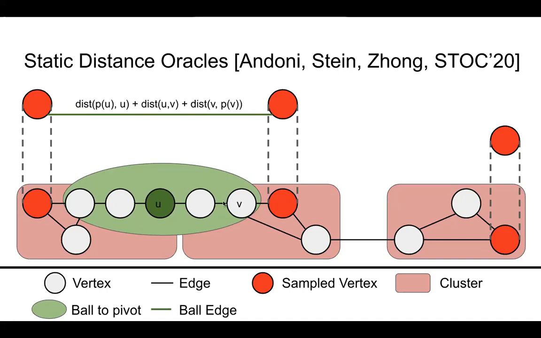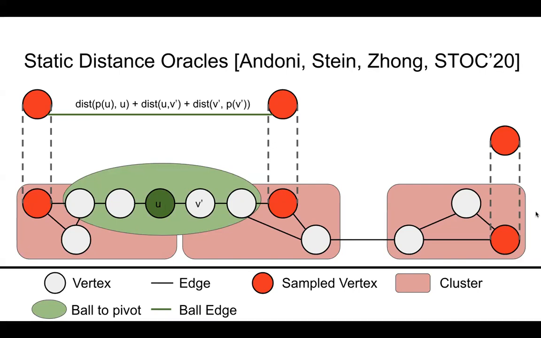Because of this relationship, you add an edge between the pivot of u and the pivot of v, using the distance from the pivot of u to u, the distance from u to v, and the distance from v to the pivot of v as the new edge weight. So this new graph that we are generating is going to be a weighted graph. This is the first type of edges, which we call the ball edges, because we generate them using the balls of each vertex.